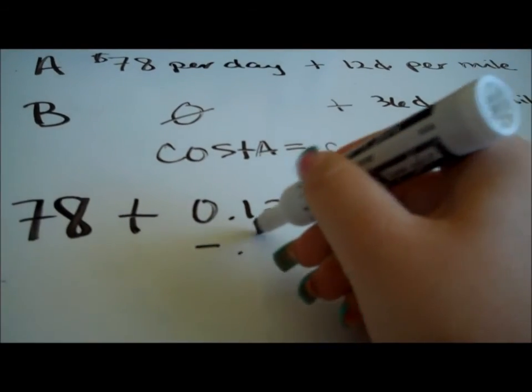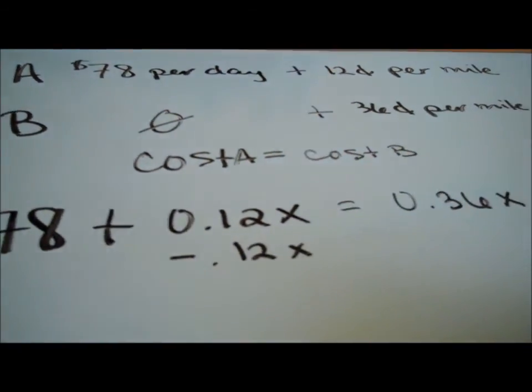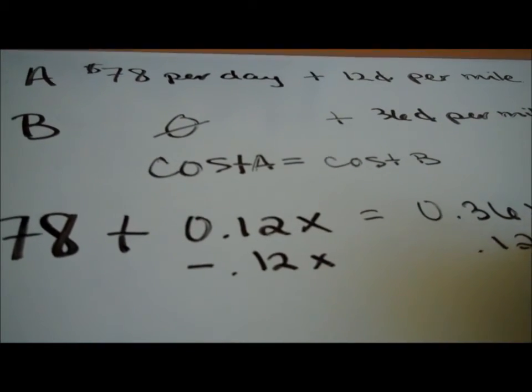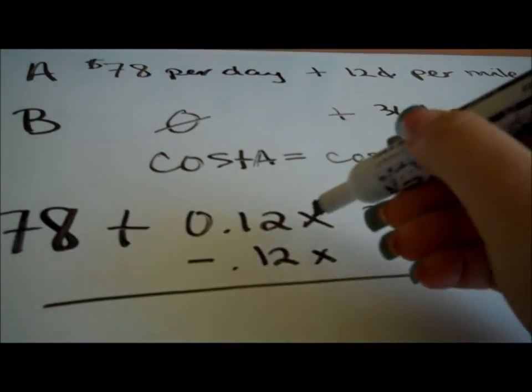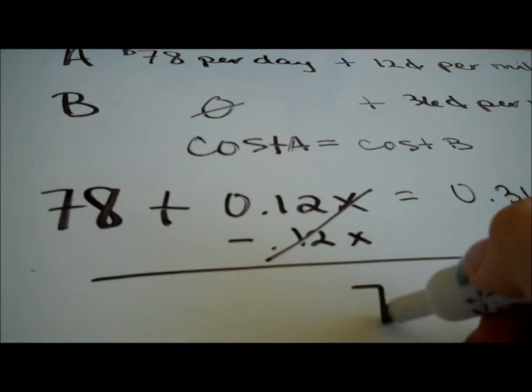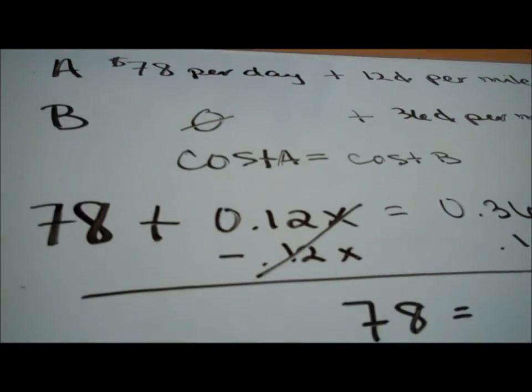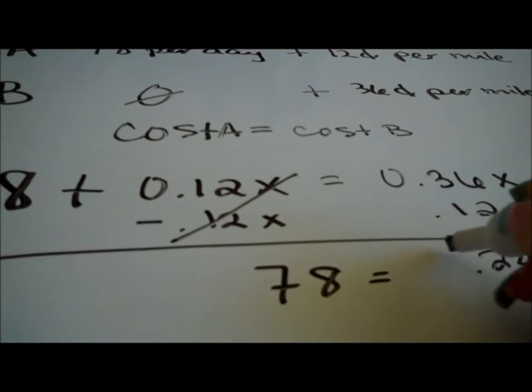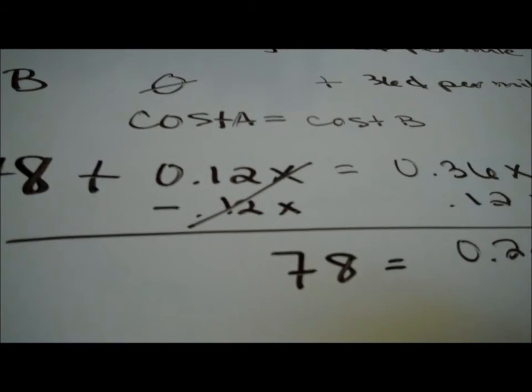So we need to subtract the 0.12x to the other side. The x's cancel. 78 comes down. Okay. I subtract and I get 24 cents per mile.